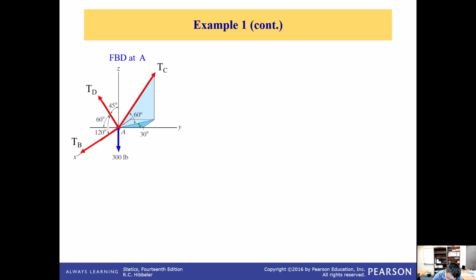So which means TB will be the size of TB times 1i plus 0j plus 0k. Okay, because the tension TB's direction is exactly the direction of the positive x-axis. So what about the TC?